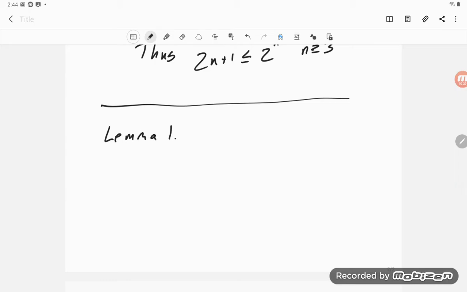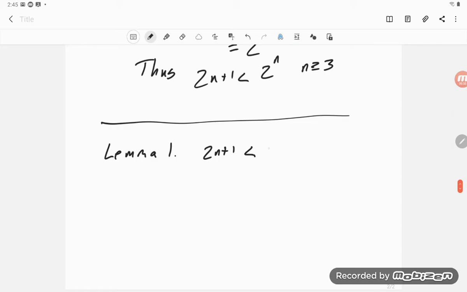And a lemma is really a theorem, but the context is typically, it's a theorem that is used in another theorem. So see, my lemma 1 would be the claim that 2n plus 1, not less than or equal to, I see I put an equal to there, is less than 2 to the n for n greater than or equal to 3. Okay, and I would do my proof as I did up there. Okay, and there's my lemma.